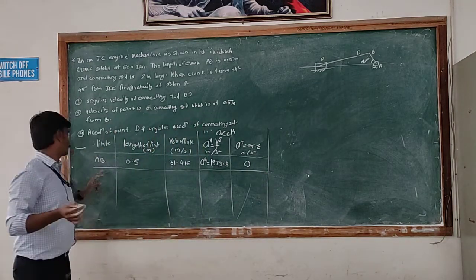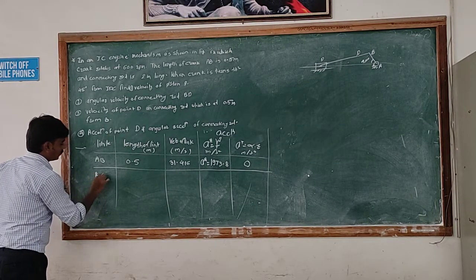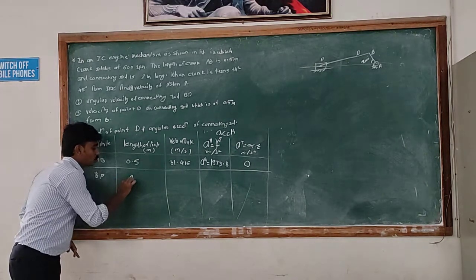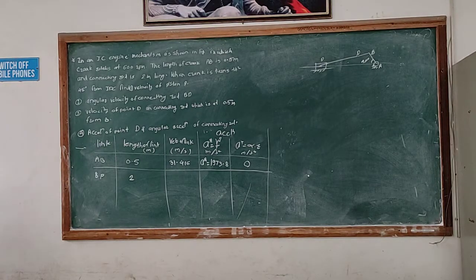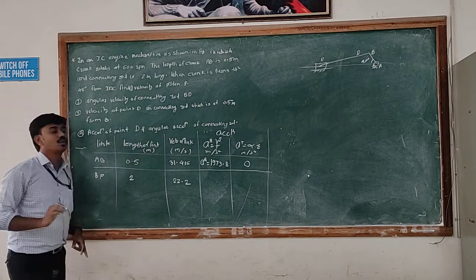Then we will consider the link BP. The length of the link BP is 2 meter. The velocity of the link BP is 22.2 meter per second.